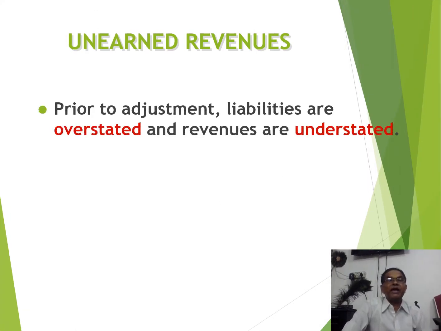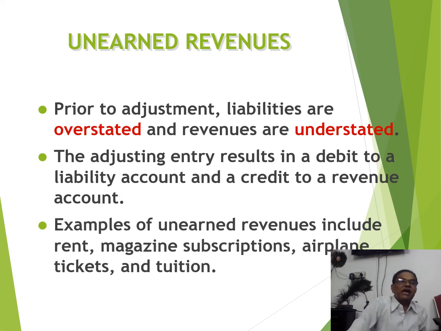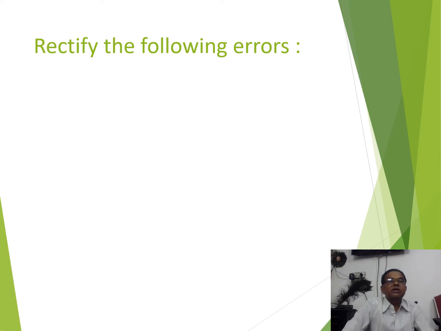Prior to adjustment, liabilities are overstated and revenue is understated. The adjusting entry results in a debit to the liability account and a credit to the revenue account. Examples given here are rent, magazine subscription, airplane tickets, and tuition.